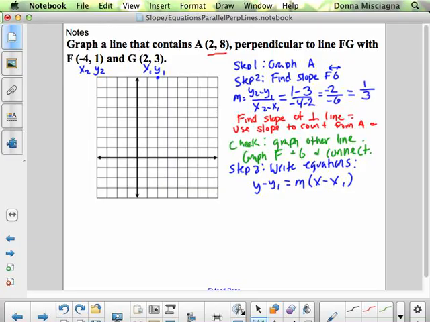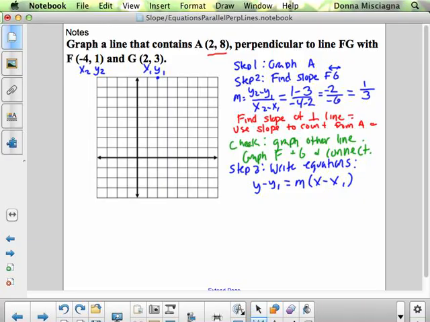Since both the numerator and denominator are negative, the two negatives cancel. It's like reducing by -1. So this is going to be a positive 1/3. That is the slope of line FG.